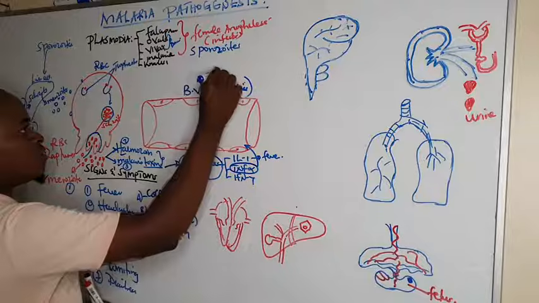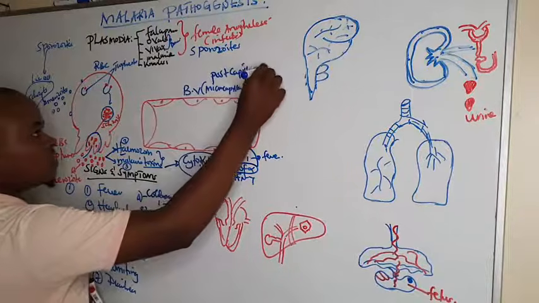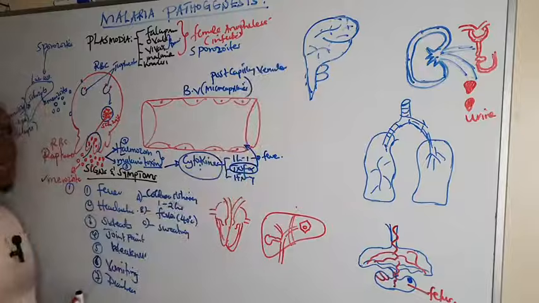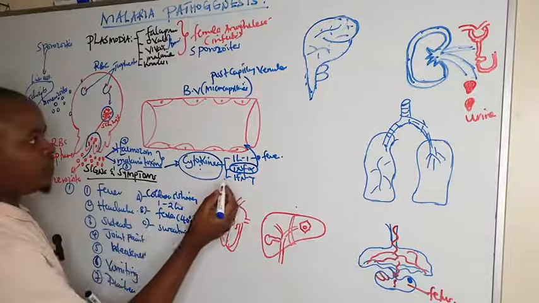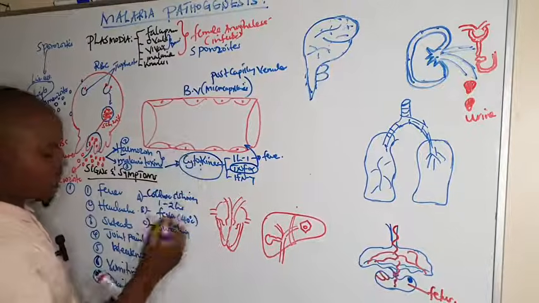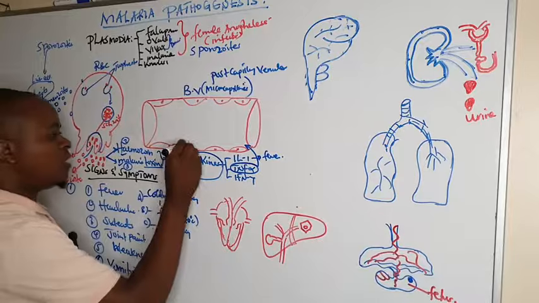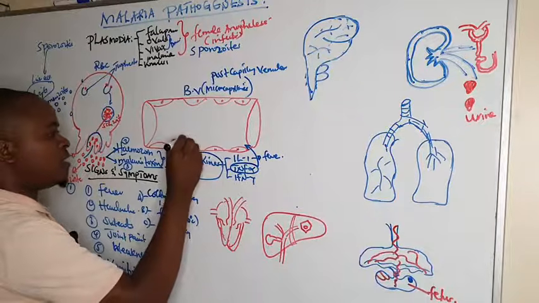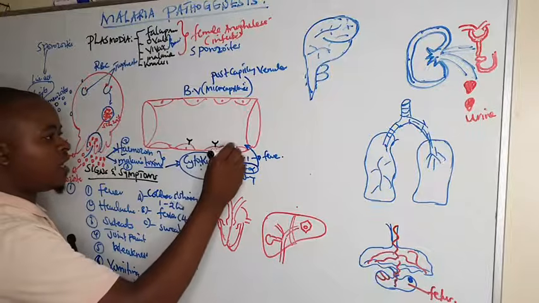We have also the postcapillary venules. So they are the ones which are mostly affected, whereby the tumor necrosis factor is going to trigger this blood vessel to express what we call the adhesion molecules, such as the ICAM and the VCAM.